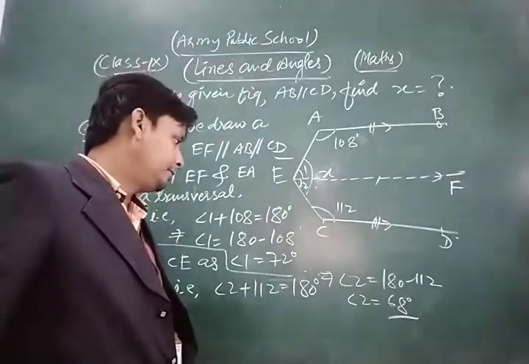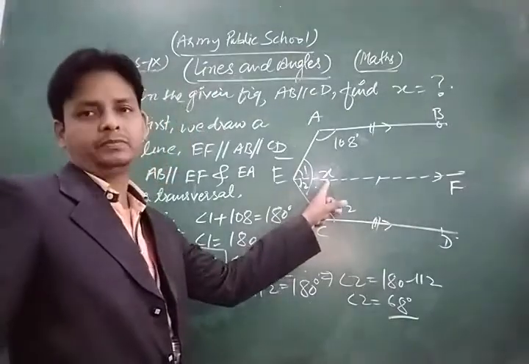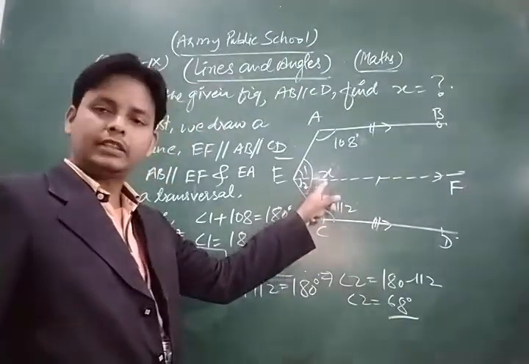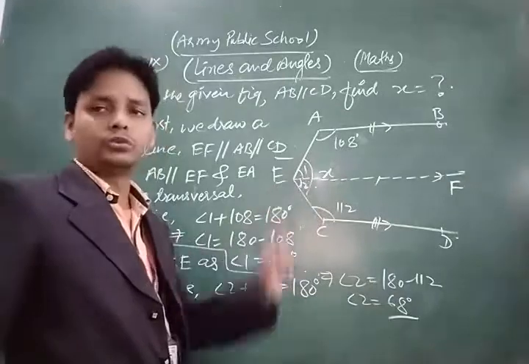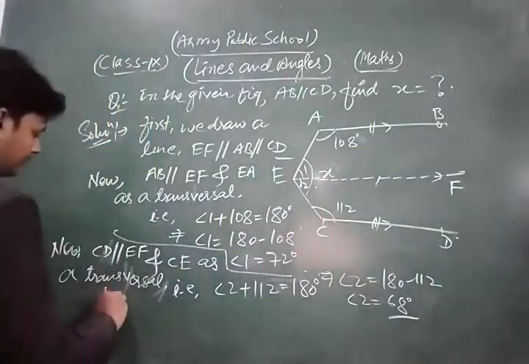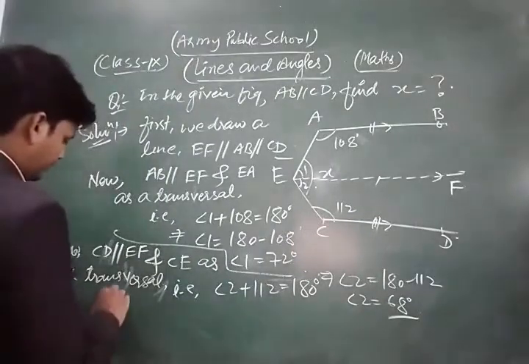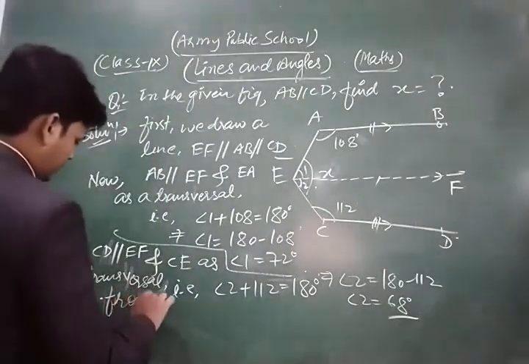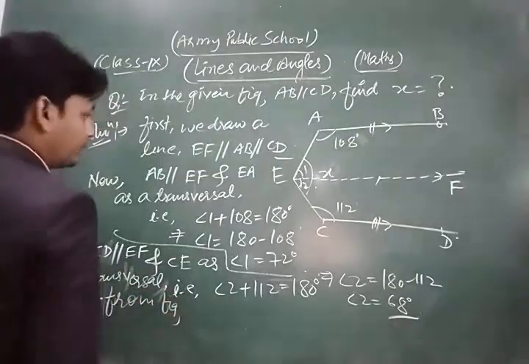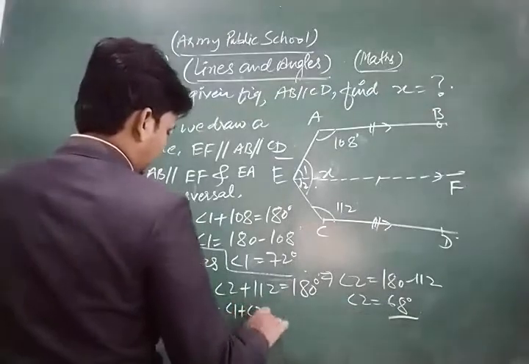Now we find the value of x. So here from the figure, the value of x is angle 1 plus angle 2. Value of x is equal to angle 1 plus angle 2.